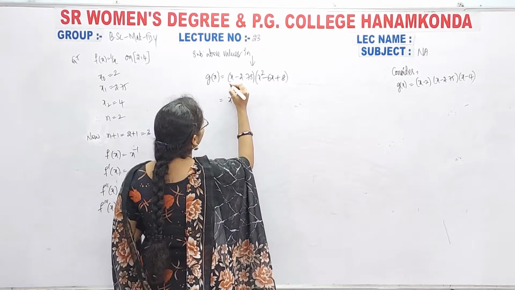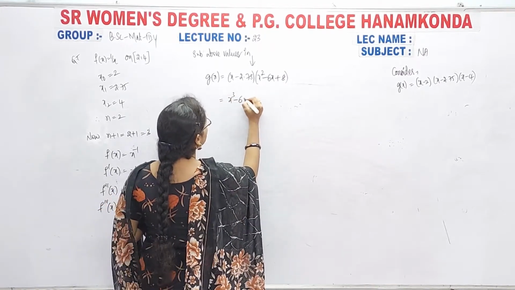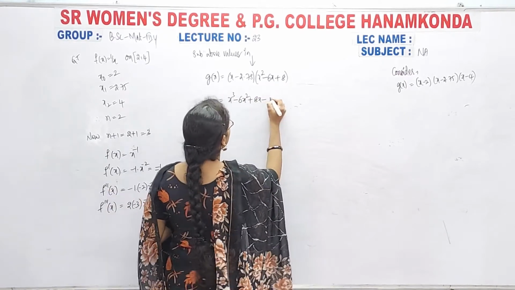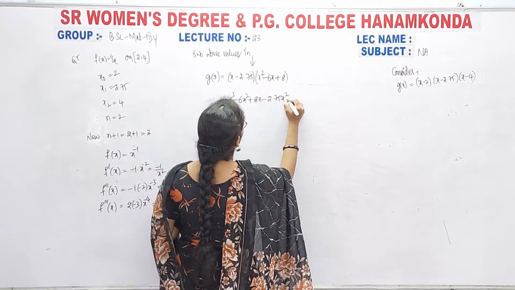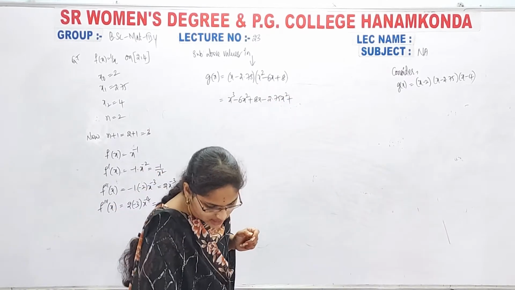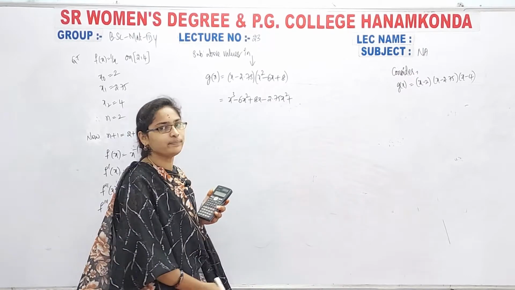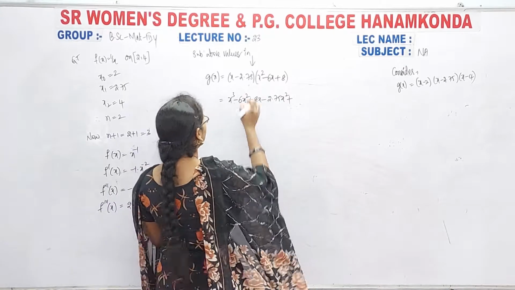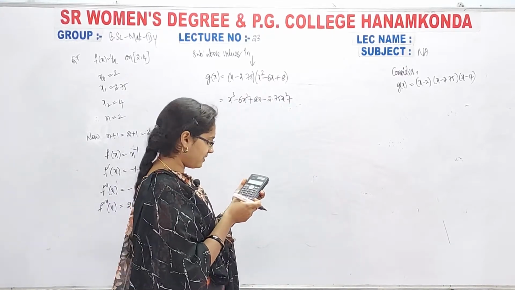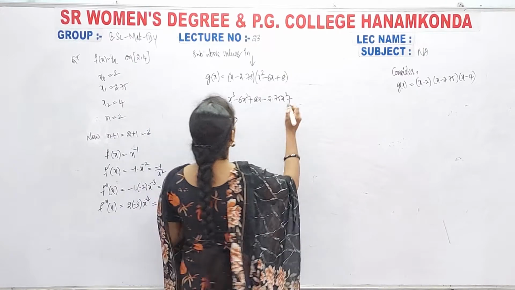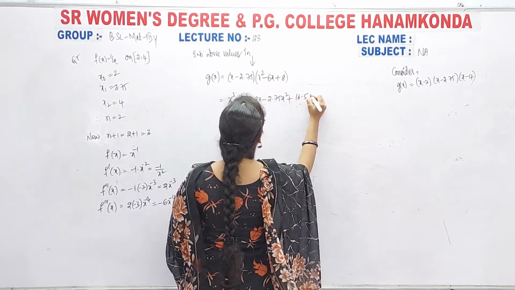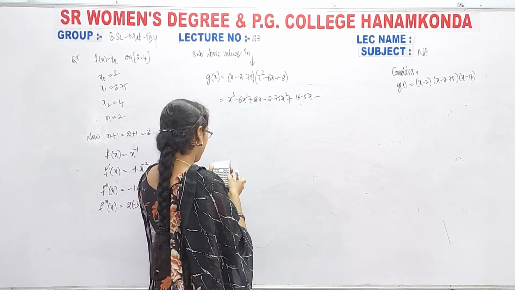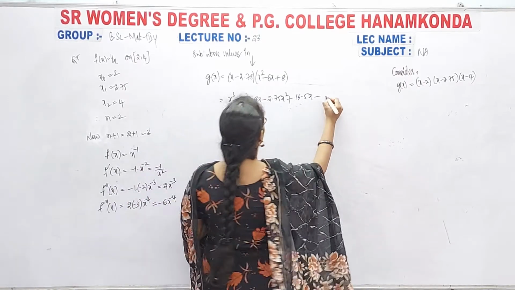Now x cube minus 6x square plus 8x, then minus 2.75 x square, and so on. Here I am also going to take fractions. First I will multiply 2.75 into 6, which is 16.5 x, and then minus 2.75 into 8, which is 22.